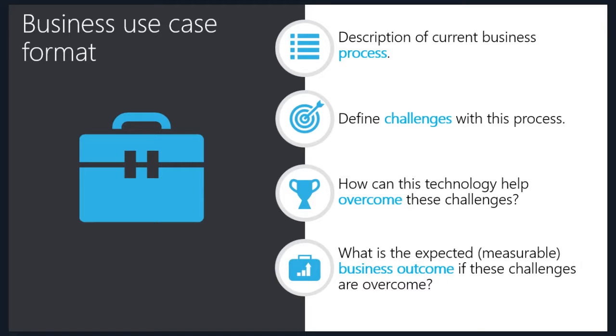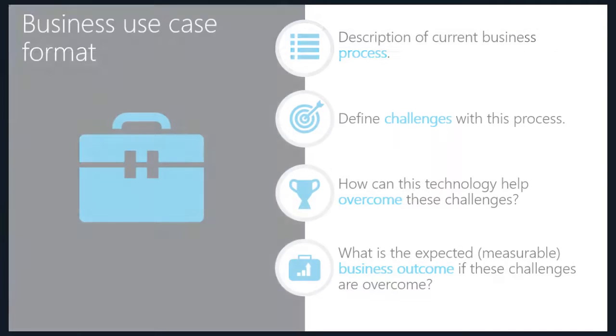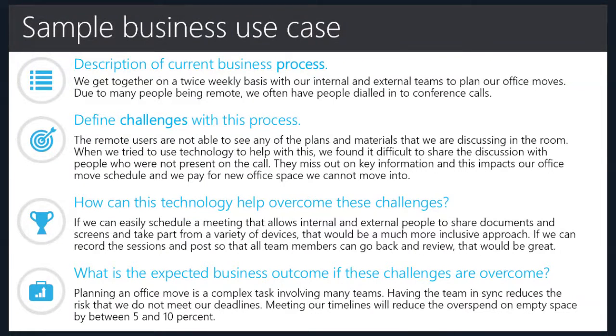So this is a worked example for Contoso. Contoso have a facilities team, and they are responsible for a program of works to rationalize the use of real estate across the company. The starting point is understanding a current business process that has been causing them some challenges.